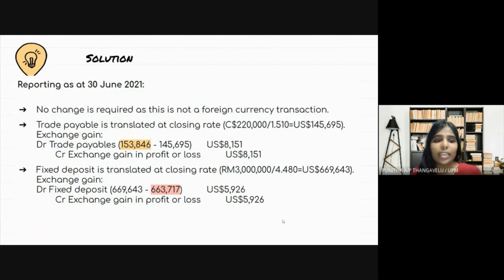As for the third transaction, it is quite similar to the previous one. We have to get the difference between the rate on the date of transaction and the closing rate. We have to calculate the exchange gain in profit or loss. So moving on to the next slide.